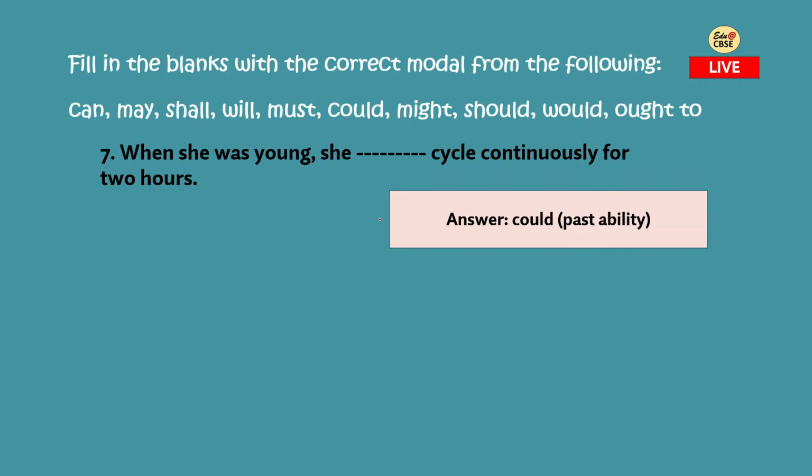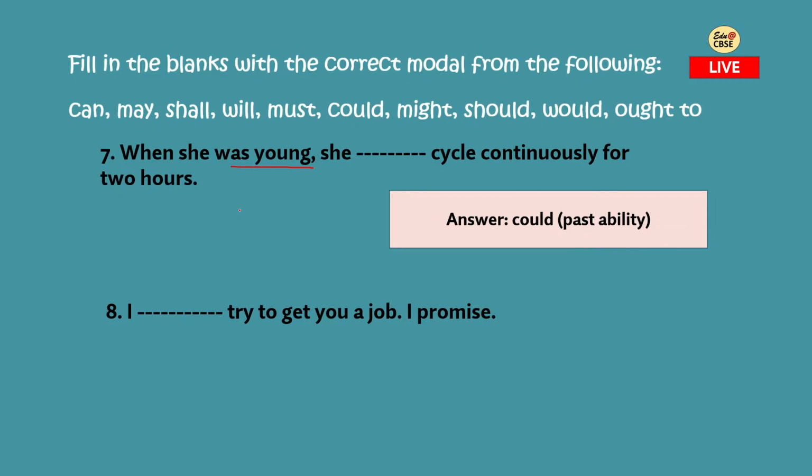Now why could? Could here is past ability. When she was young, so it tells that when she was a child, maybe at that time she could cycle continuously for 2 hours, and she cannot do this now maybe because she is old now. So she cannot cycle for 2 hours continuously now. So it is past ability. Can is used for present ability: I can do this, I can swim, I can drive. That is present ability, whereas for past ability we use could. Now let's do the next sentence.